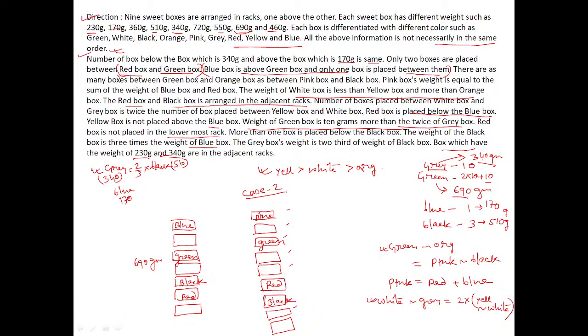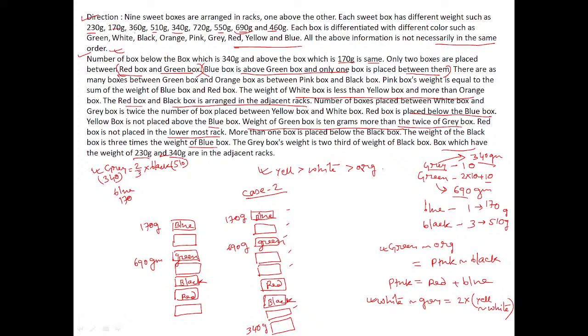So blue is 170 here, and here it is 170. Green is 690. Now, if this is 170, because we have already settled 9 boxes here, so obviously this is 340.